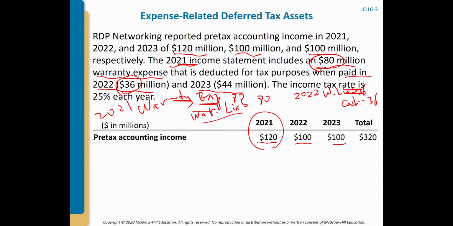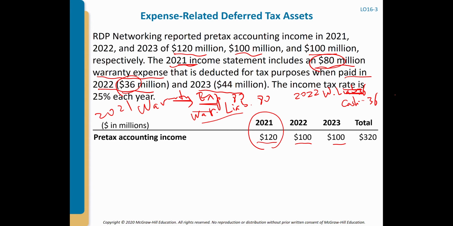Similarly for 2023, we debit warranty liability for 44, and then we credit cash or whatever, the materials we spend to fix it, for 44. So this is accounting.